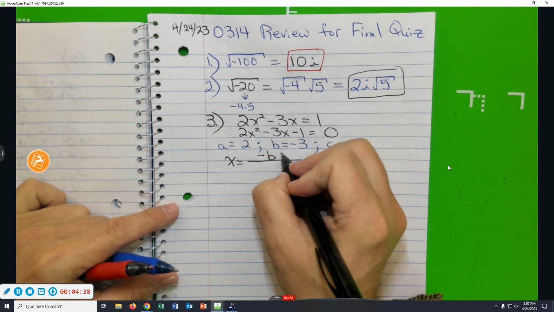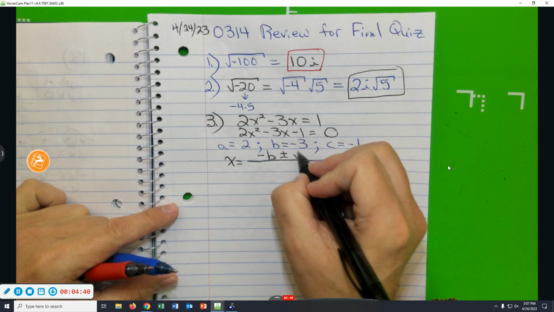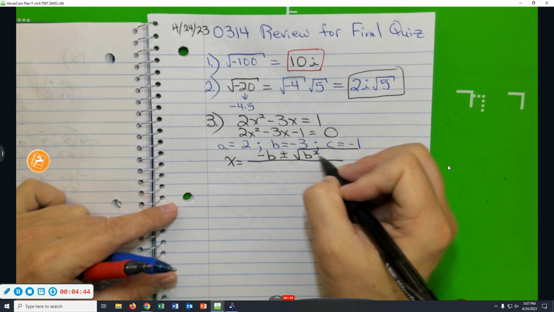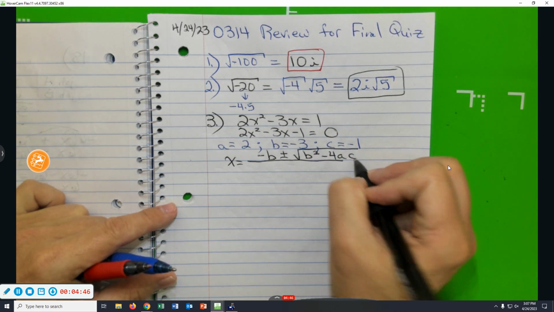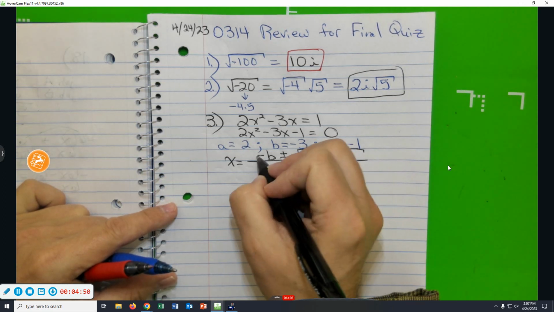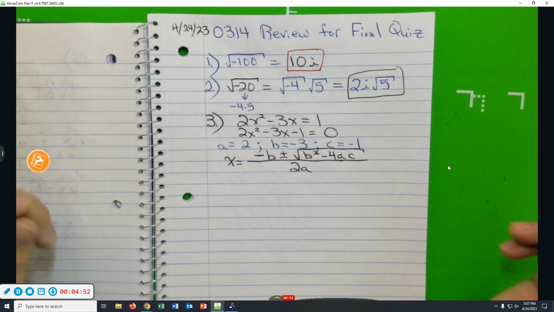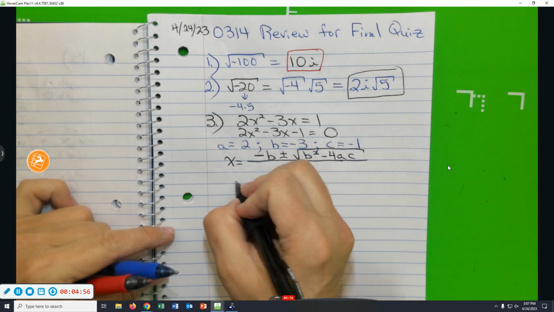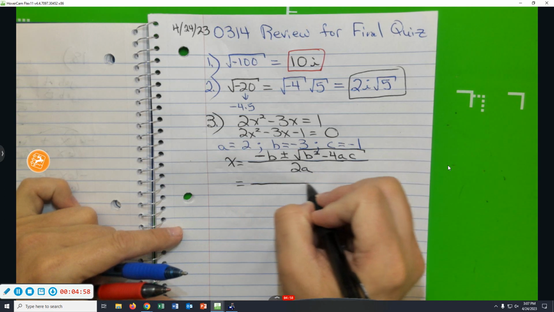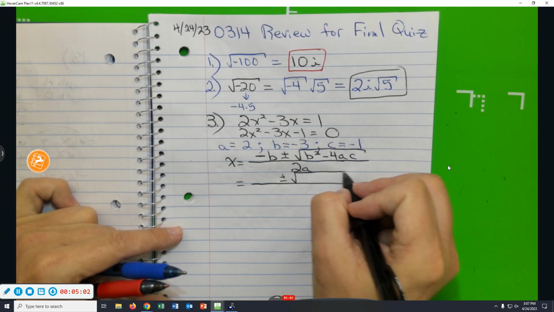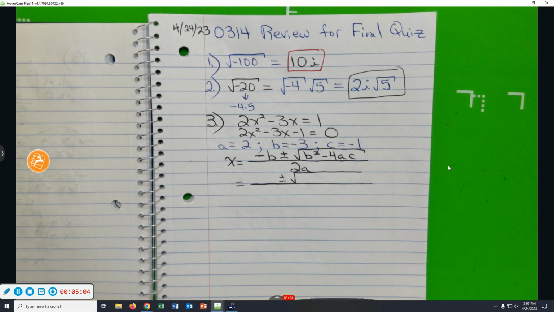Negative b plus or minus the square root of b squared minus 4ac, all over 2a. Negative b.